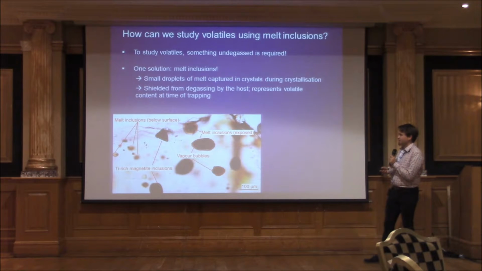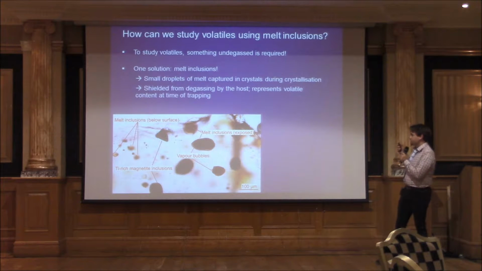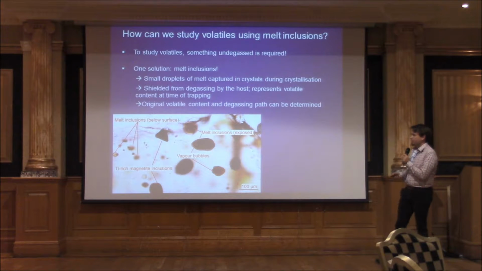They are quite useful as they are shielded from processes like degassing by the host, and they represent the volatile content of the magma at the time of trapping and at the pressure conditions of the trapping. Hence, the original volatile content of the magmas and the degassing path, depending on at which point these melt inclusions were entrapped in crystals, can be traced back and determined.